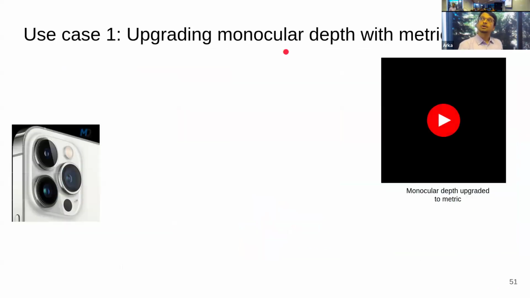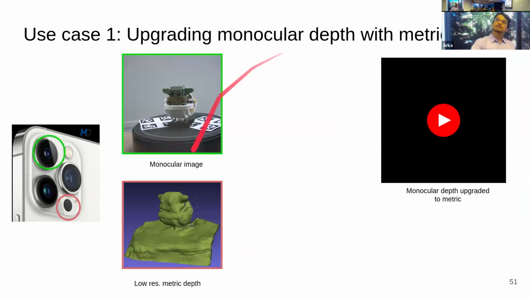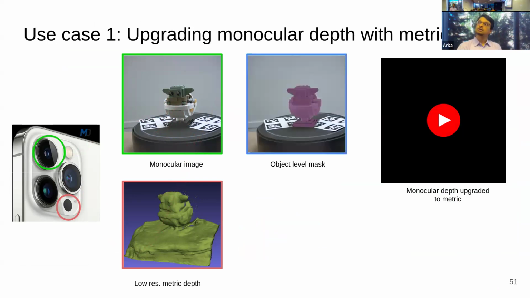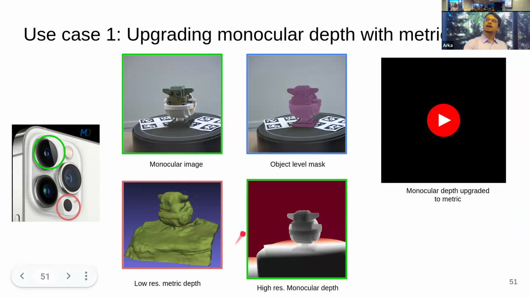The first modality that I want to add back is high quality metric depth from a monocular sensor. So let us take a look at this iPhone, which takes a high quality monocular image, and it also captures low resolution metric depth. My goal is to get high resolution metric depth from this sensor. We have very high quality segmentation models that give us object level masks, and we also have very high quality monocular depth models.